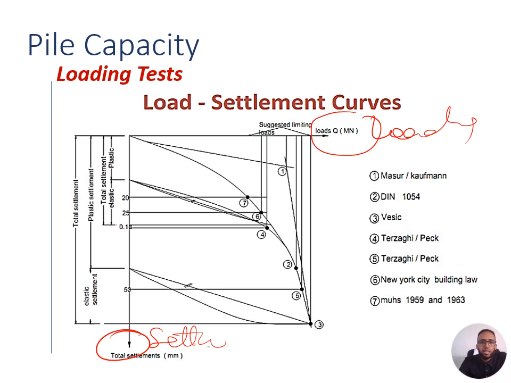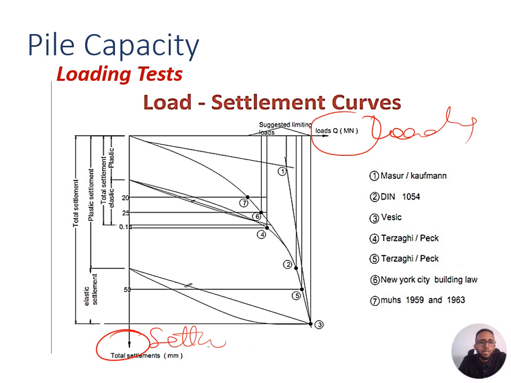These curves provide guidelines for suggesting limiting loads, which are maximum loads that should be applied to the pile to prevent excessive settlement. The shape and the position of the curves indicate the load bearing capacity and the settlement characteristics of the pile, which are influenced by factors like soil property, pile material, and installation method.